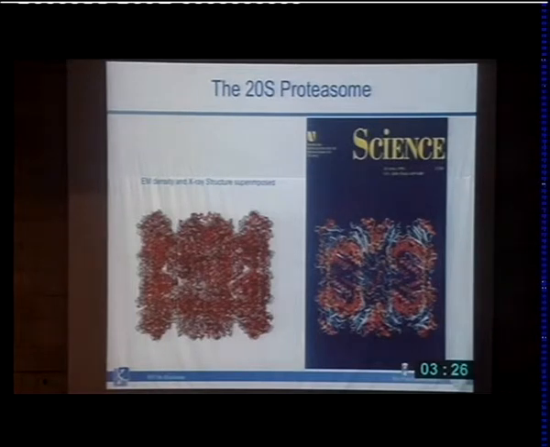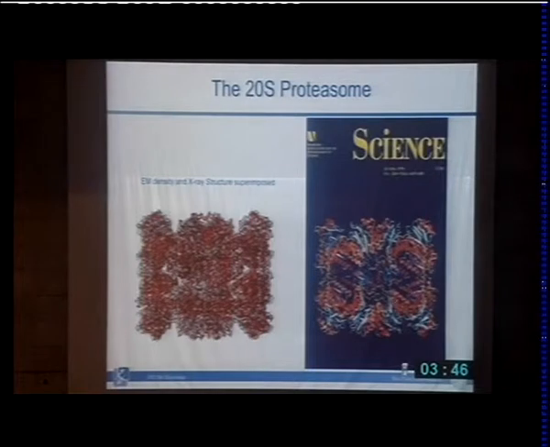Just an example here, that is the structure of the same 20S from Archaea. It has been done by single particle EM to the same resolution as we had at the time, 3.67 angstroms by EM. That is the density map, and we have superimposed the X-ray structure. It's a perfect fit.